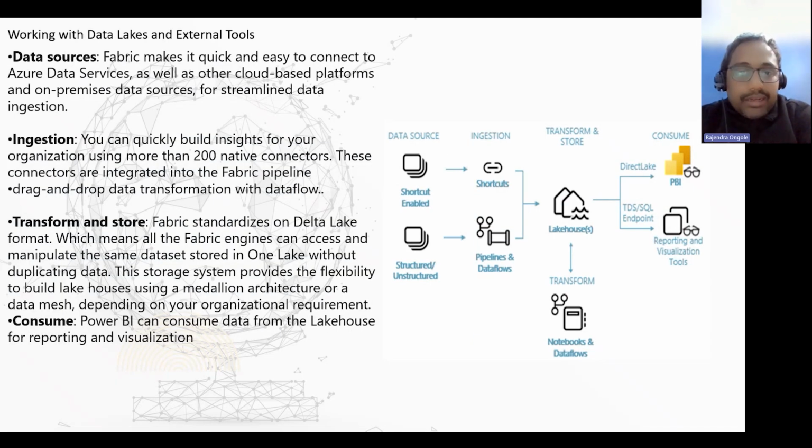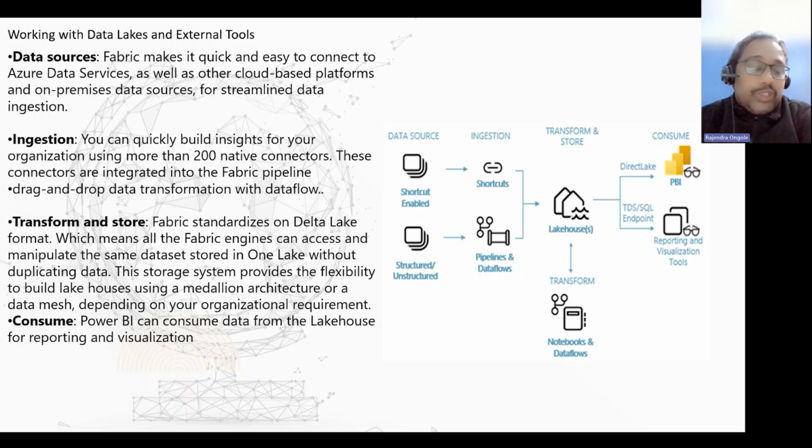It's a simple architecture. If you're observing this on the right-hand side, data sources, shortcut enabled, and structured and unstructured information, like managed and unmanaged source systems. I can extract the data as part of a shortcut from file sources, like ADLS sources, and as I said, GCP and also AWS bucket source systems.